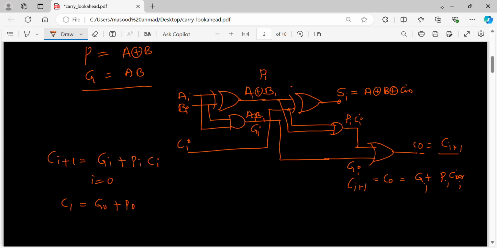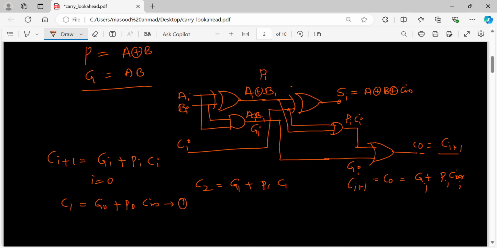C0 is nothing but Cin. Next, if you want C2, what is C2? C2 is G1 plus P1 C1. What is C1? I know it from this C1.